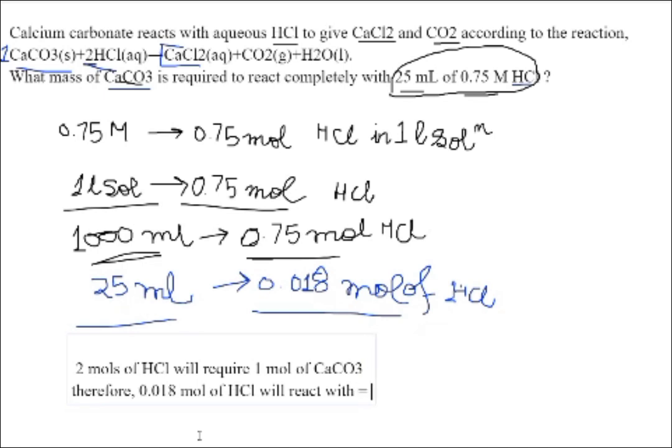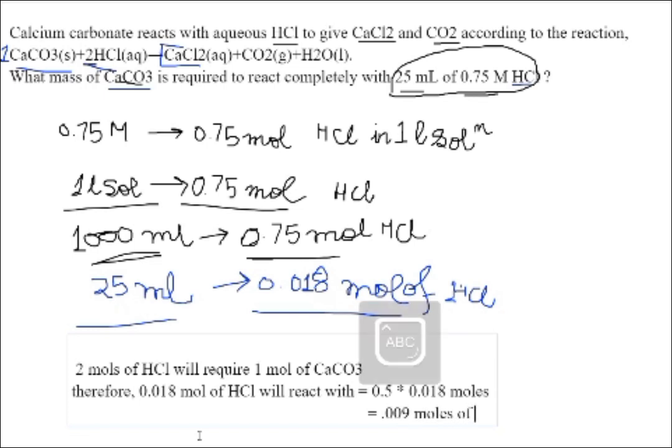So you can simply write it as 0.5, which is 1 by 2, multiplied with 0.018 moles. So if you calculate, this comes out to be 0.009 moles of calcium carbonate.